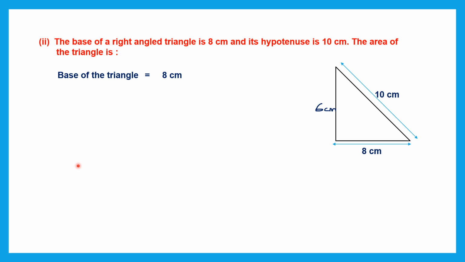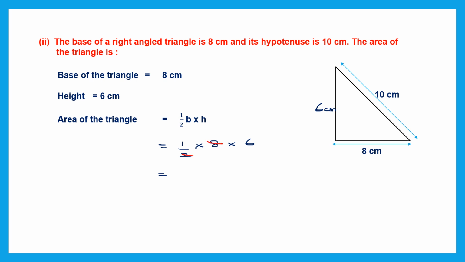So let's write that base of the triangle is 8 centimeters, height is 6 centimeters. Now to find the area, we just have to apply the formula half base into height. So that is 1 by 2 into the base. Base is how much? 8 centimeters into the height, it is 6 centimeters, which is, here we can cancel this to 4. 4 6 are 24.